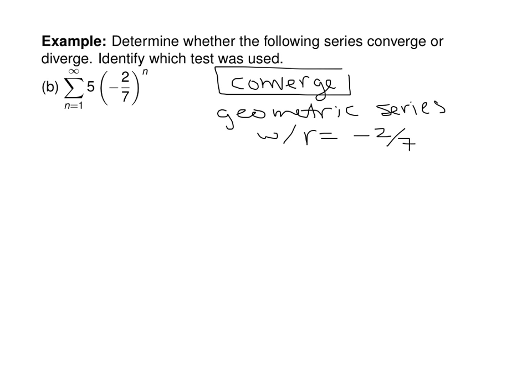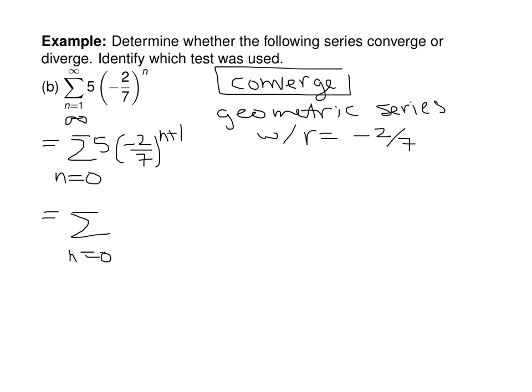Now, in order to figure out what this actually converges to and to use our formula, we have to change the index. So instead of beginning at 1, we have to begin at 0 and change that to negative 2 over 7 to the n plus first power. And then we're going to peel off a negative 2/7. Multiplying it by that 5 gives us negative 10/7 times negative 2/7 to the n power.